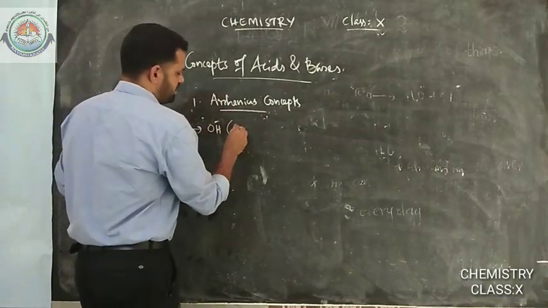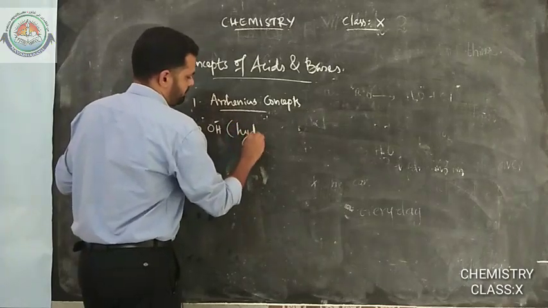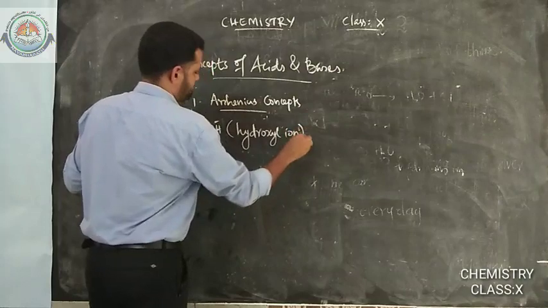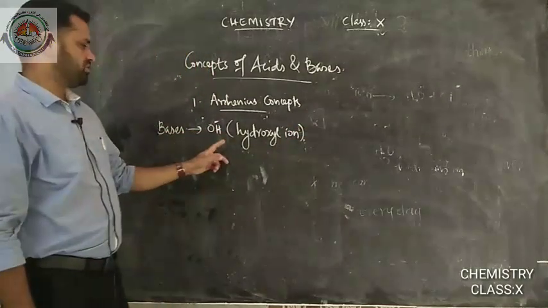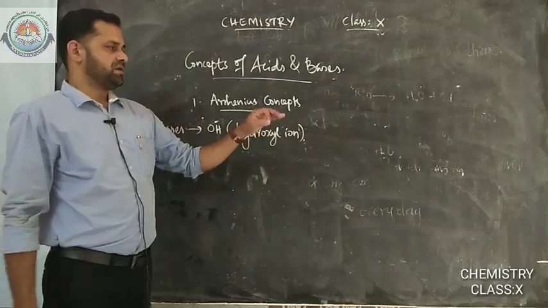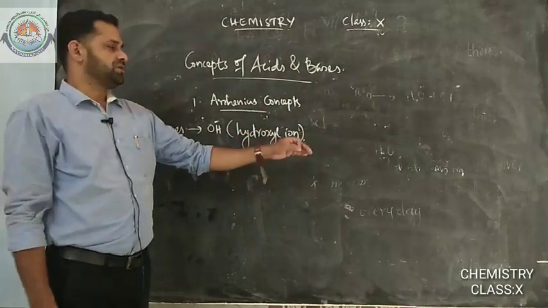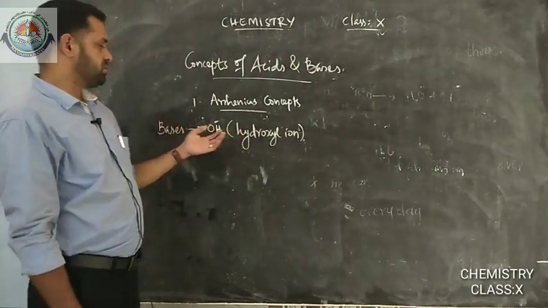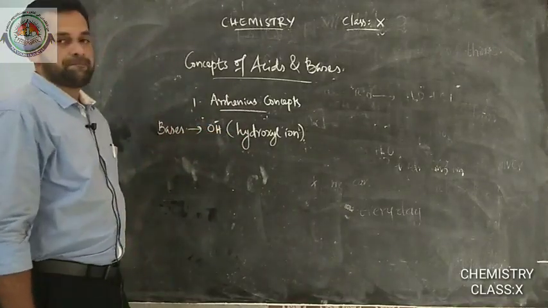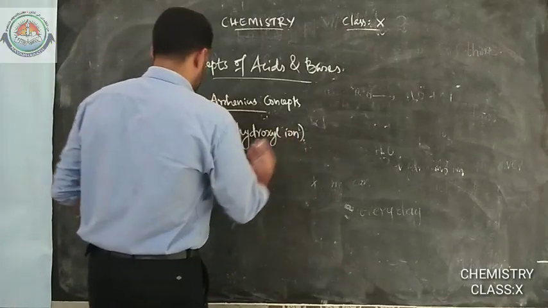They give OH minus ion, that is called hydroxyl ion, in aqueous solution. So, when a base reacts with water, it produces OH minus ion. They are called bases. There are a number of examples.